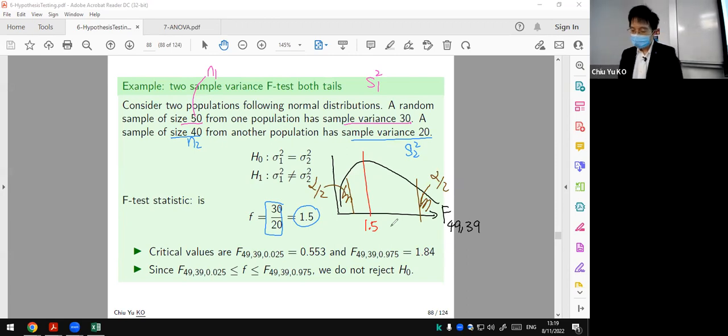We can use either the p-value or the critical value method. Let's use the p-value. The p-value here is a little bit tricky, because you don't know whether 1.5 is on the left-hand side or the right-hand side.